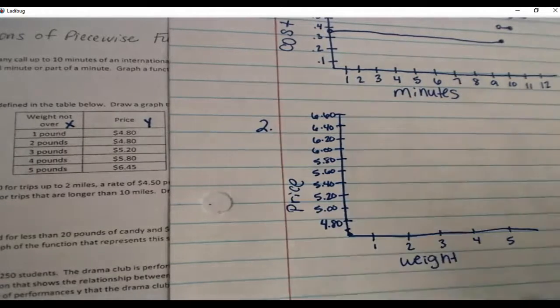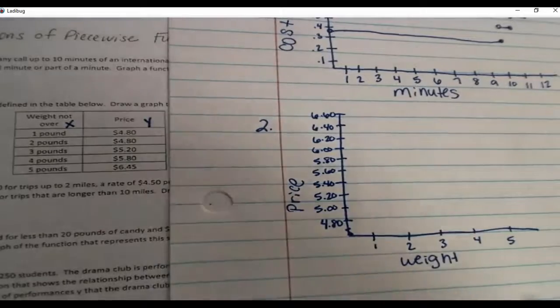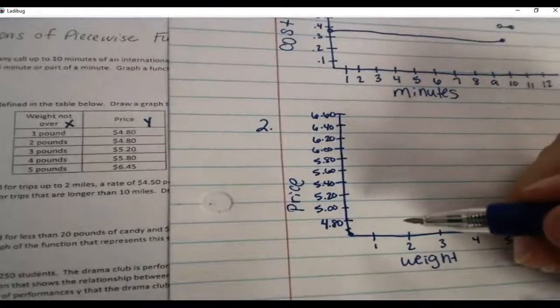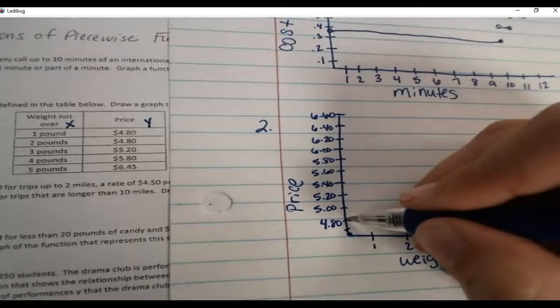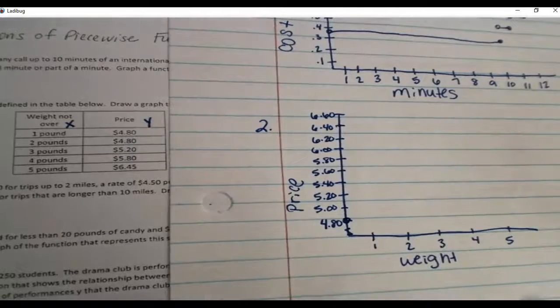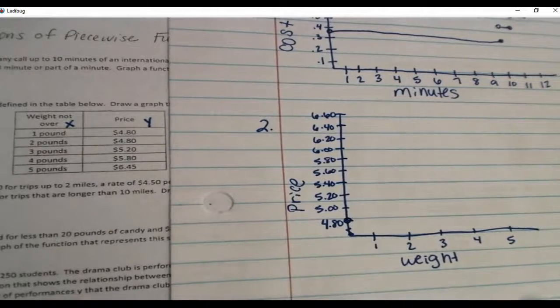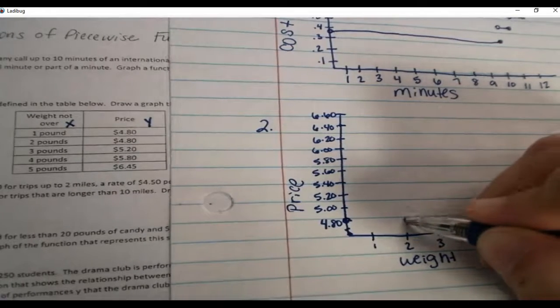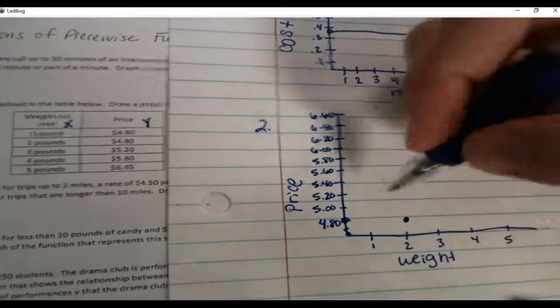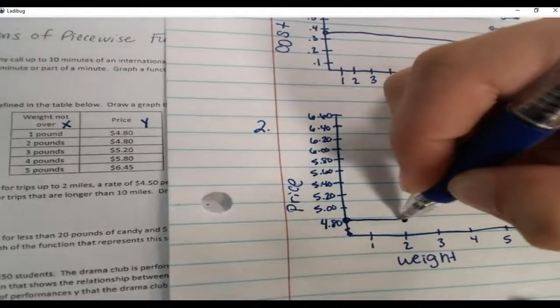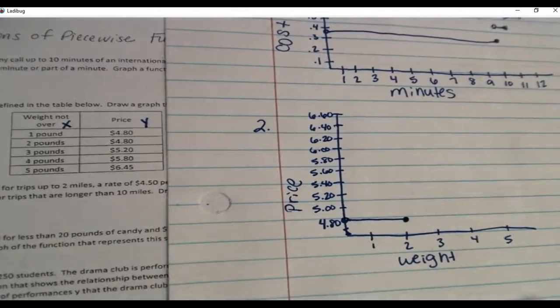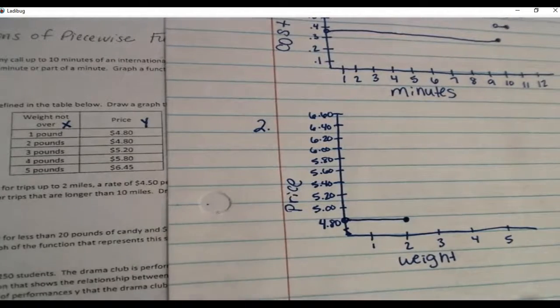On this one, again, we can start at 0, but they're not charging you for 0, so that's an open circle at 4.80. But then whether it weighs between 0 and 1 pound or 1 pound and 2 pounds, it's $4.80. So we'll put a closed circle at 2. It includes 2, but as soon as it weighs more than 2, you jump to the next step.